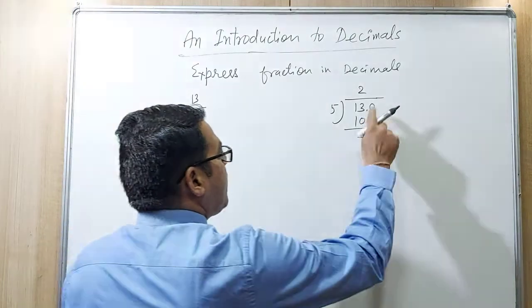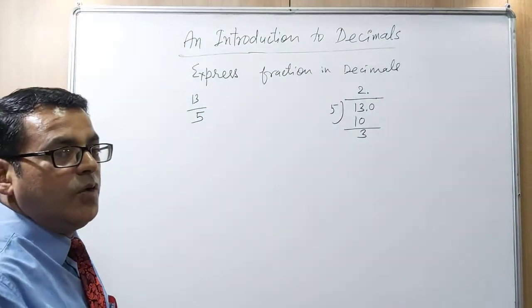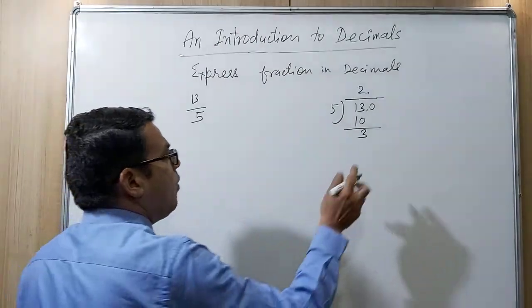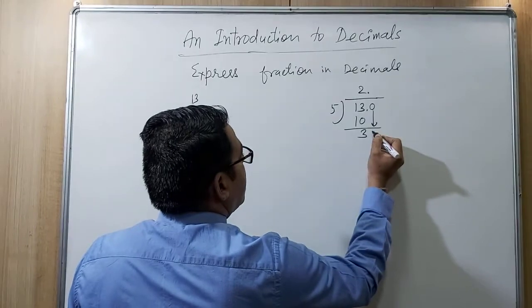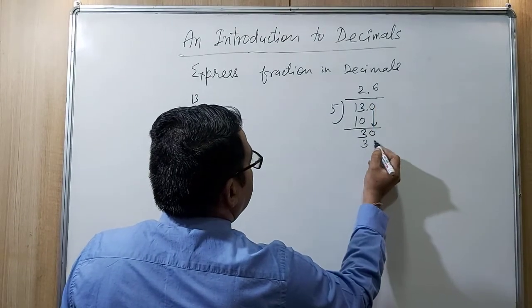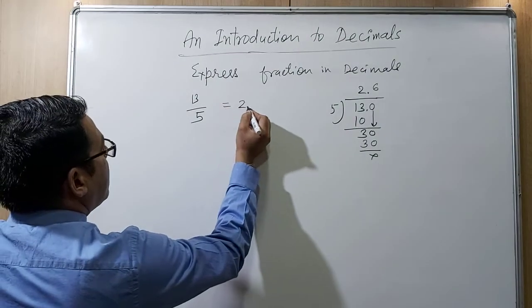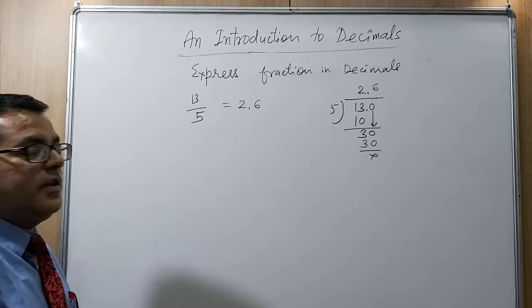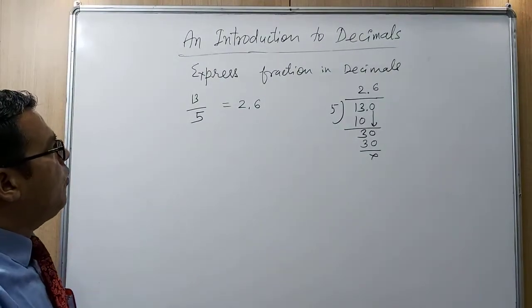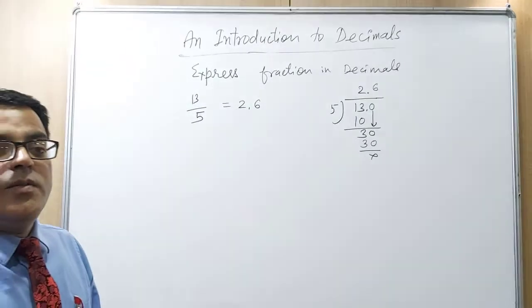Since we have to write a decimal here, we have to put a decimal here also. This is the rule. You have to follow this in every division of decimals. Now we can shift this 0 here. So 6 times, and we write here 30. So we write 2.6. Hope you understand. This is the way we can express fractions as decimals.